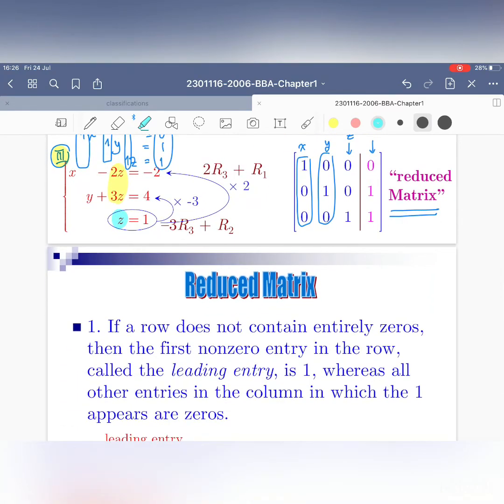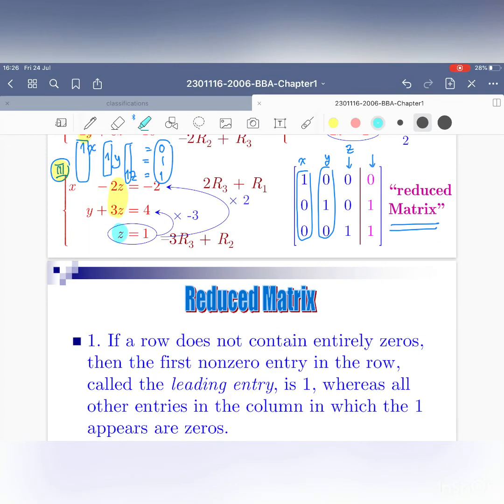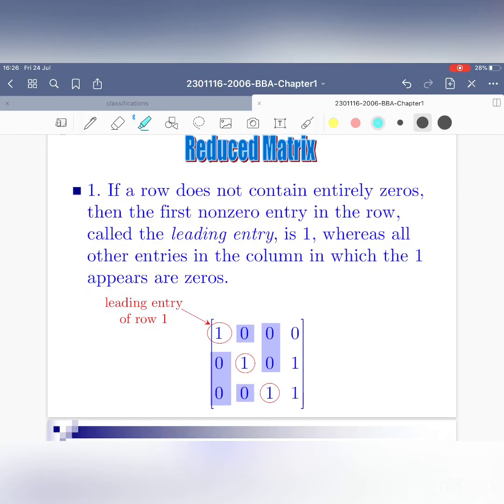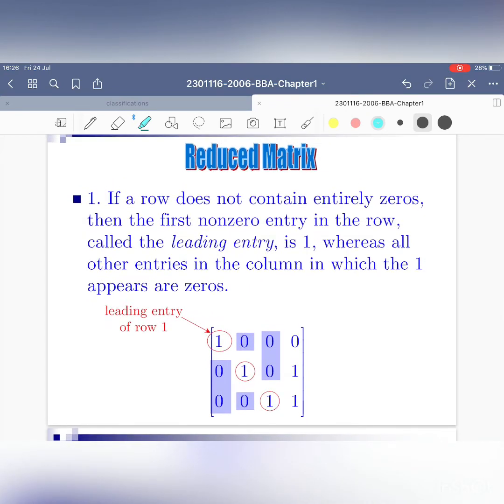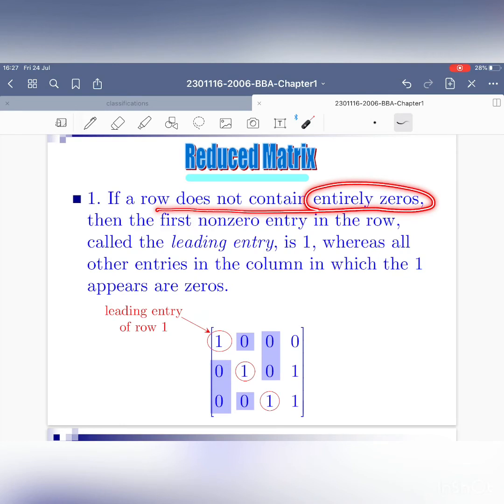So let us go into detail of a reduced matrix. A reduced matrix has some conditions in order to be called this name. First, it says that if a row does not contain entirely 0, so it means that if a row has some numbers, then the first non-zero entry in the row is called the leading entry.